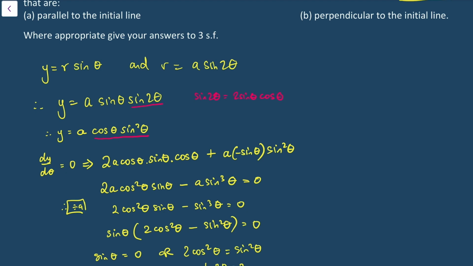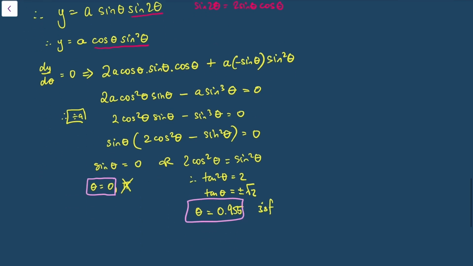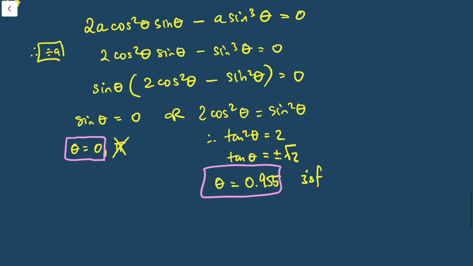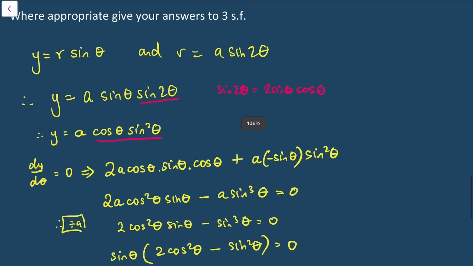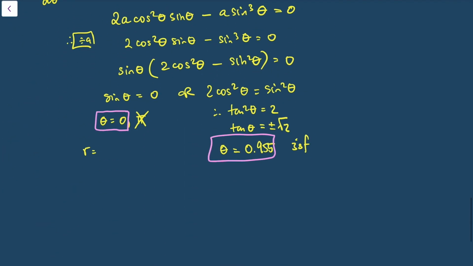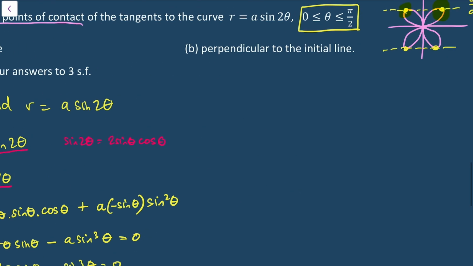Okay, so if I want to find the points of contact, I found theta, I now need to find r. And remember, r is a sine 2 theta. So for r equaling a sine 2 theta, if I sub in 0, then r is going to equal 0, which gives me the point 0, 0.